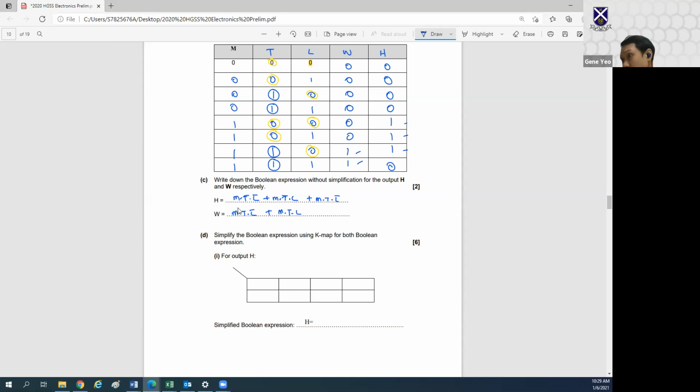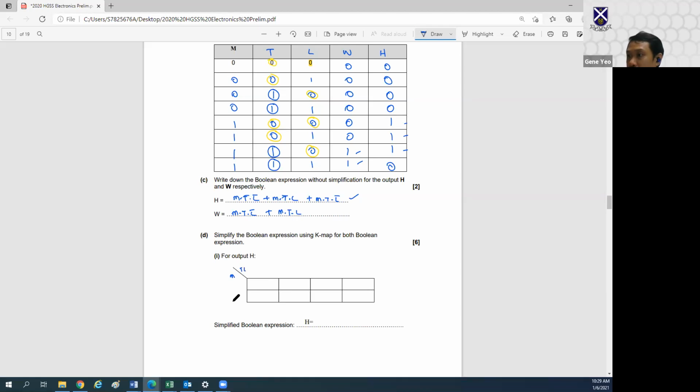All right, so now for output H, only for this one. They want me to populate and simplify this Boolean expression. First of all, let's say this is M, and this is TL.